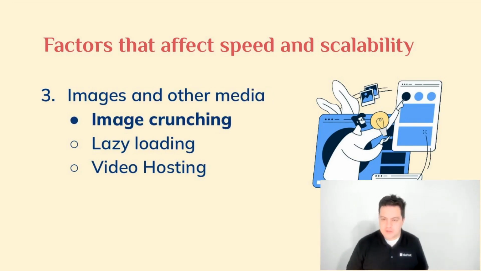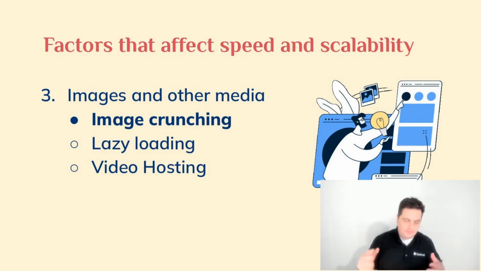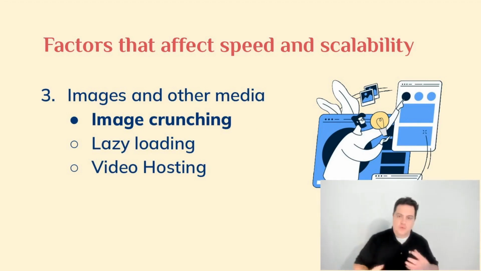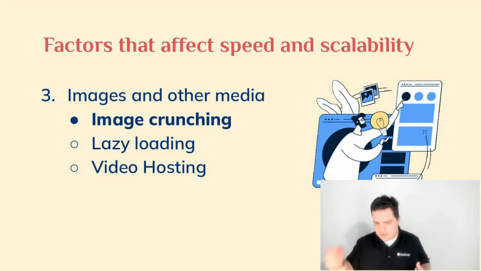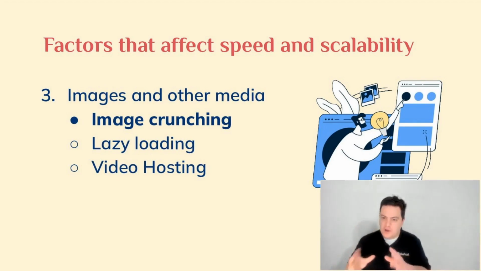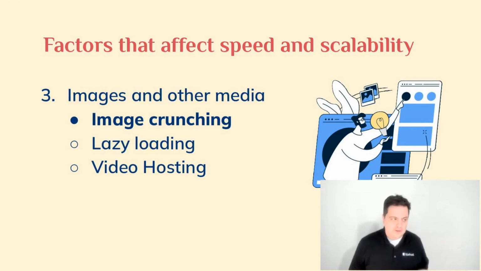One of them is called image crunching. What that is: when you upload a picture, WordPress will process that picture so that it's a smaller file size, but it looks almost the same. There are plugins that let you change the level of crunching that happens.